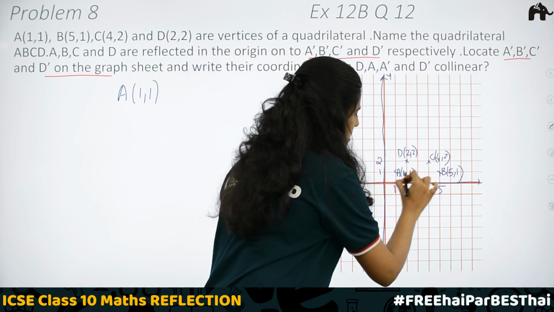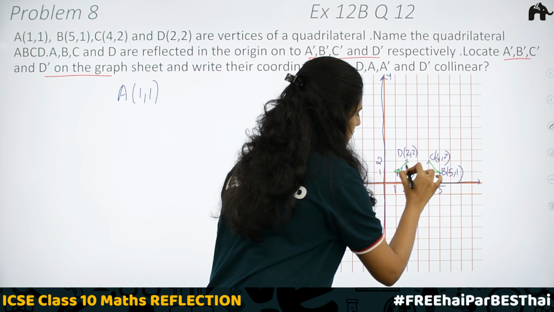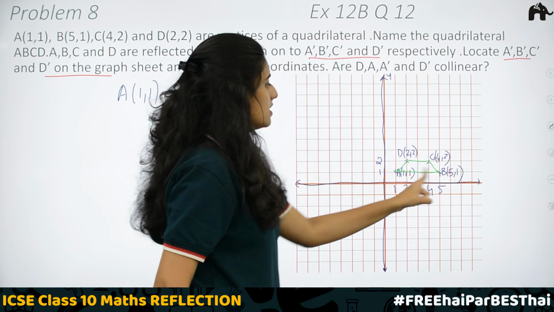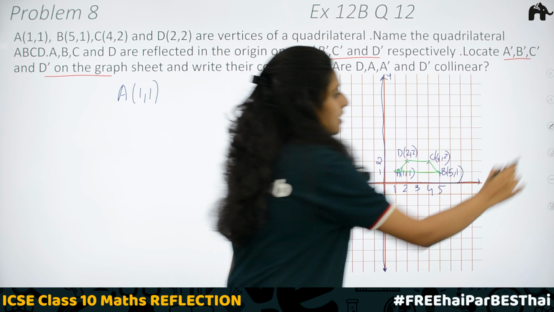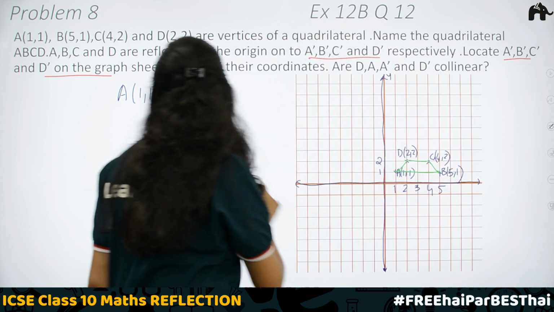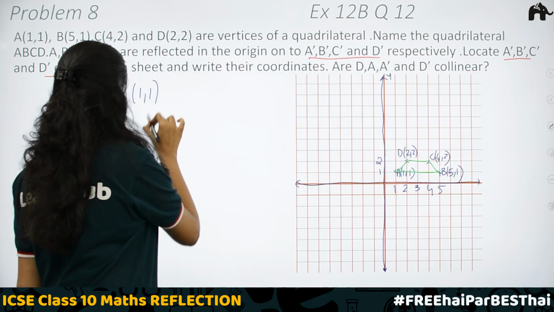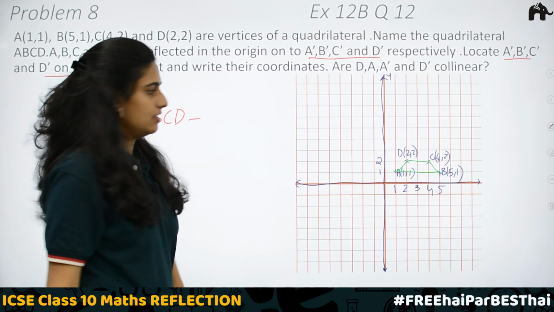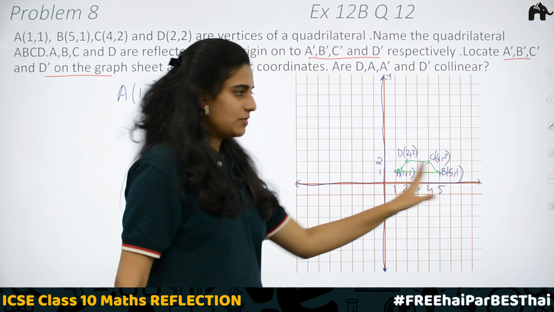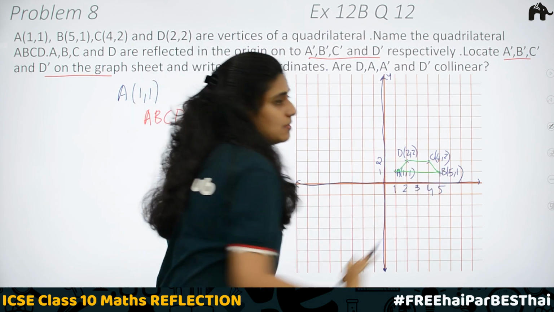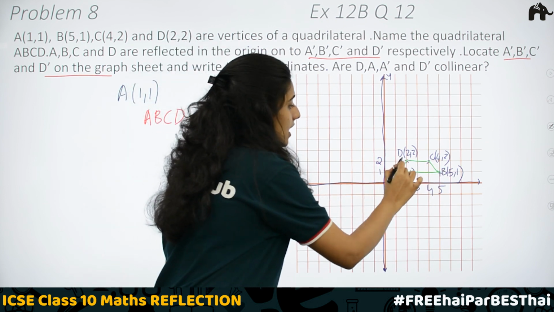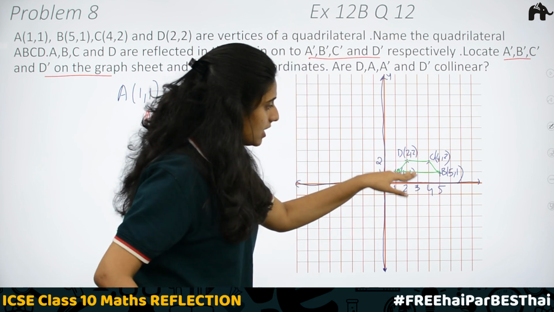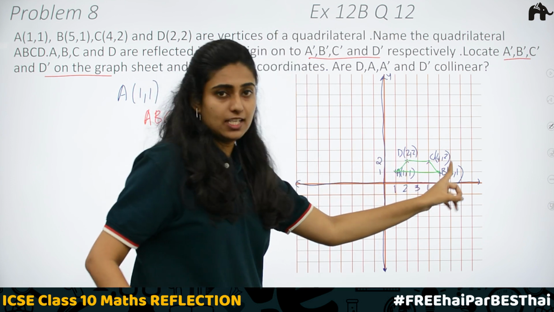Joining the points, we get a figure. This is a quadrilateral ABCD. Name the quadrilateral. This is a trapezium, right? What type of trapezium is this? Here, these are the parallel sides AB and CD.